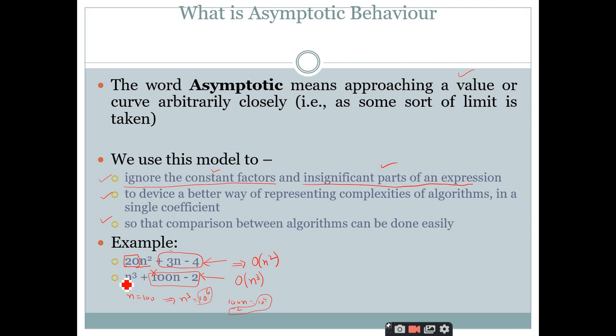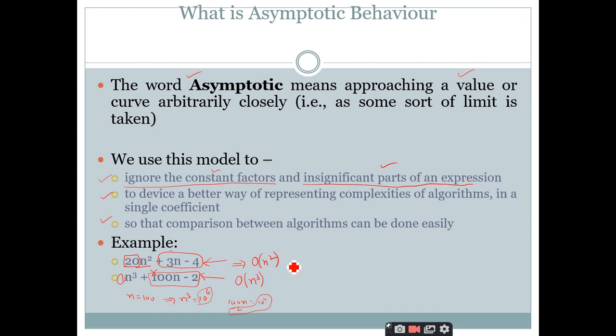And n cube does not have any constant or coefficient here, so you can neglect it also. So this n cube plus 100n minus 2 can be simply written as n cube. So for converting long expressions which consist of multiple terms into a single term, we are going to make use of these asymptotic notations from mathematics.